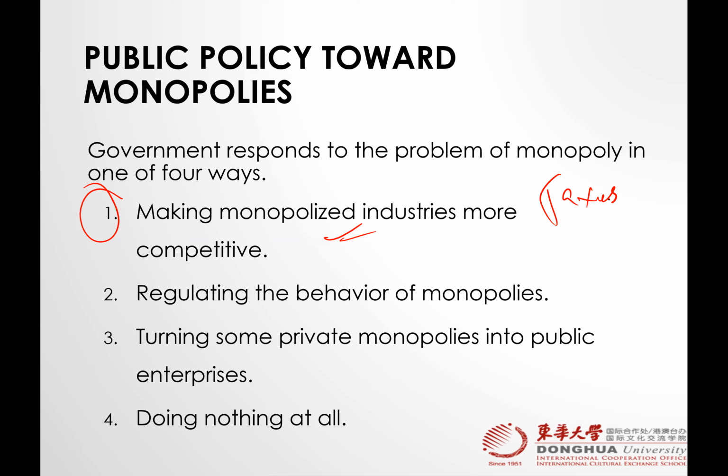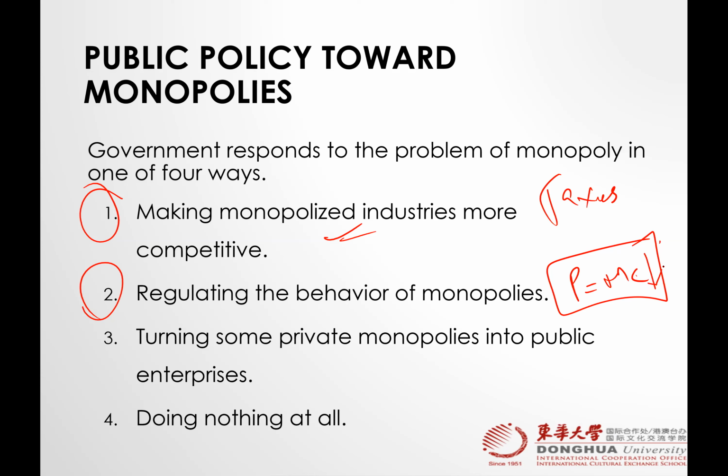Number two, regulating the behavior of monopolies. You say that price must be equal to marginal cost, like in competition. In that case, the monopolistic firm will not innovate. Why? Because when they switch to a new, better production technology, their marginal cost is going to decrease, because new technology will come and they will reduce their cost.